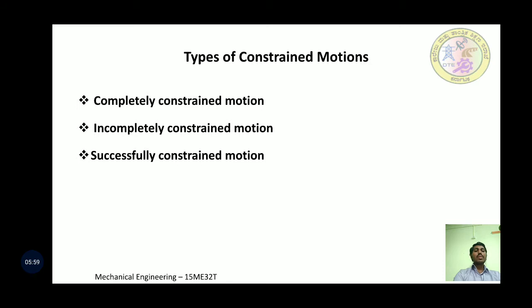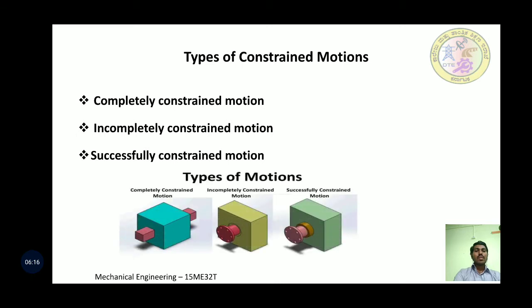When the load is placed on the shaft to prevent axial upward movement, the motion of the pair is said to be successfully constrained motion. The figure shows the different types of motion: completely constrained, incompletely constrained, and successfully constrained motion.